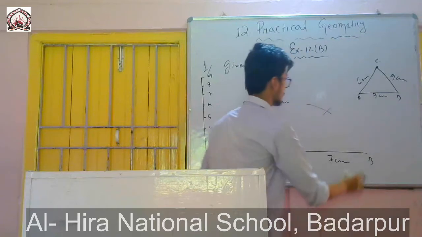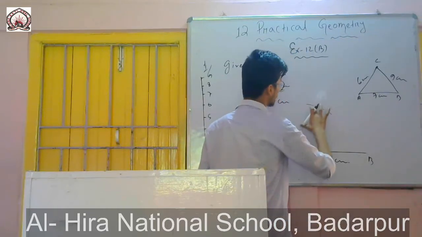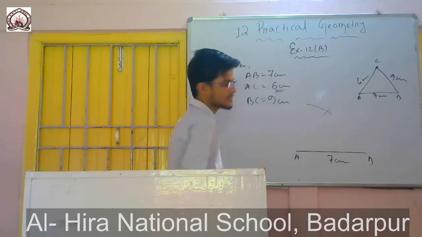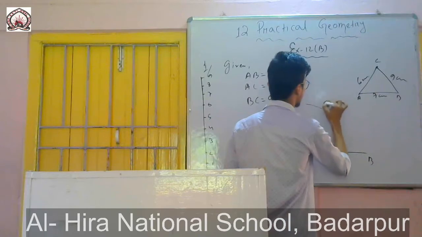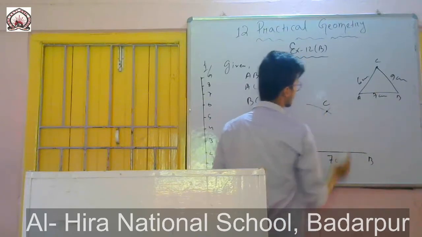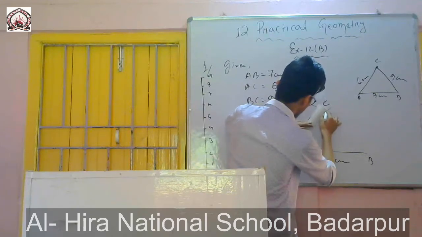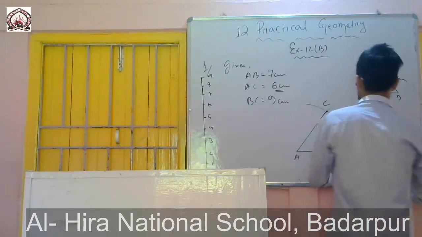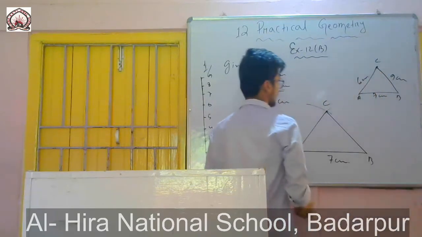From here to here this arc measures 9 centimeters, and from there to there the other arc measures 6 centimeters. Now you name this point of intersection as point C, and join these two lines. If I simply join, it will be my required triangle.